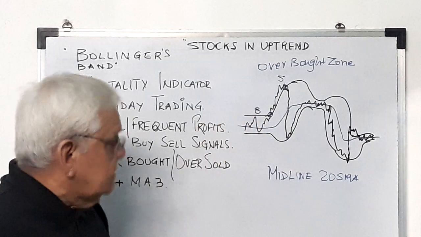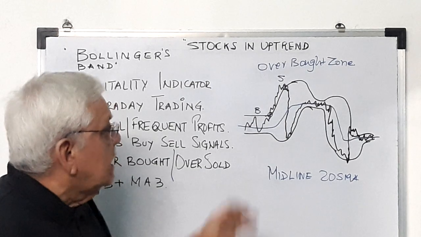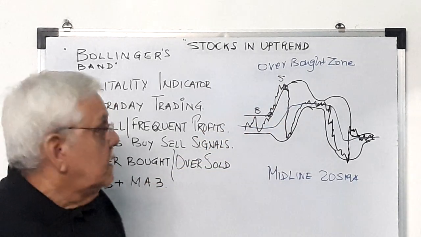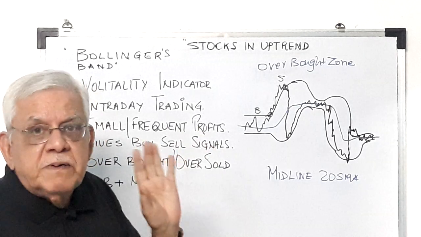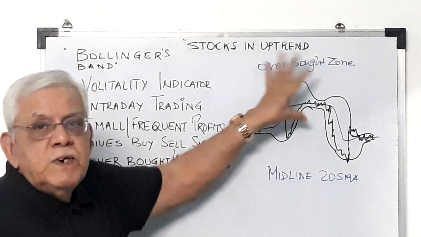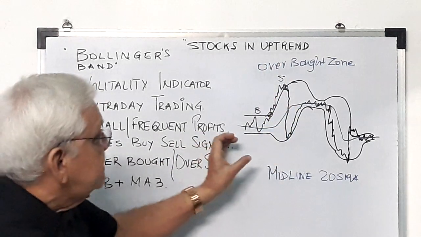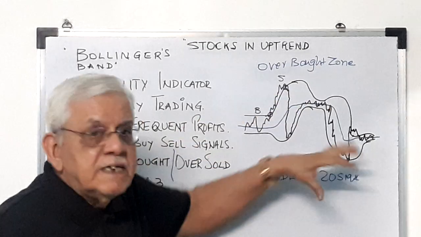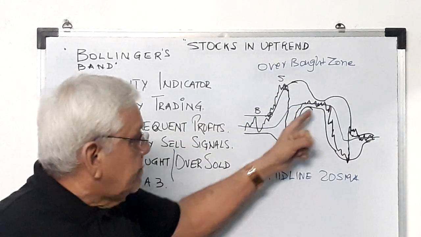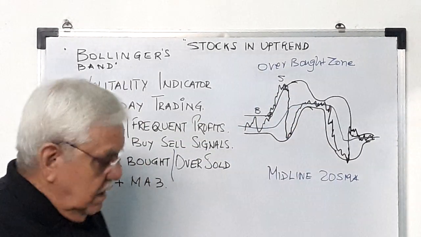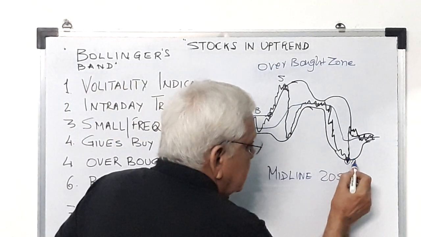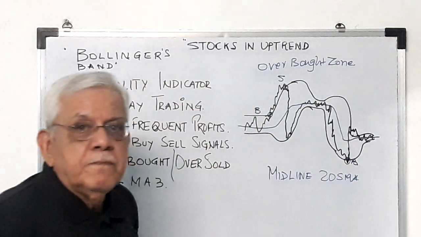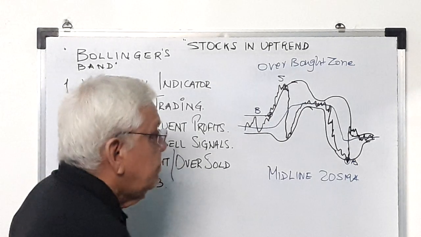Now what has happened is the volatility has again come down. Again the volatility has squeezed and gone into hibernation, or squeezed band. Previously it went up, now it has come down. The price has fallen here. When price has fallen here, you make a buy here, and you make a sell here.